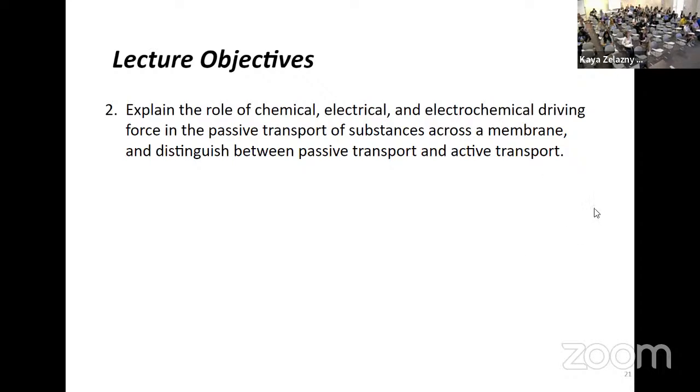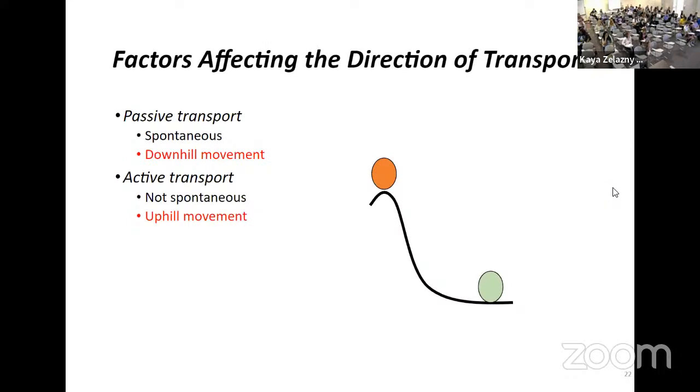As we do that, we're going to need to think about our different types of transport, like passive transport and active transport. So the first piece that we want to remember, we're going to set ourselves up for what we're talking about on Friday. Right? We want to remember gradients, and we want to remember our basic definitions of active and passive transport.